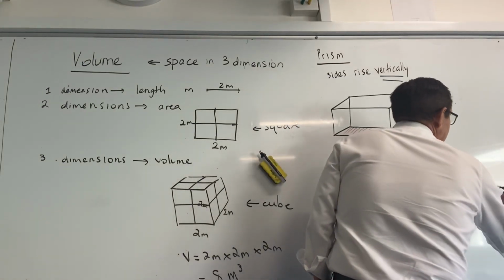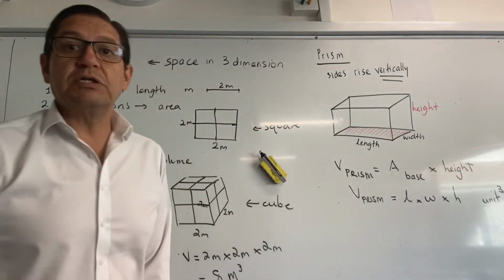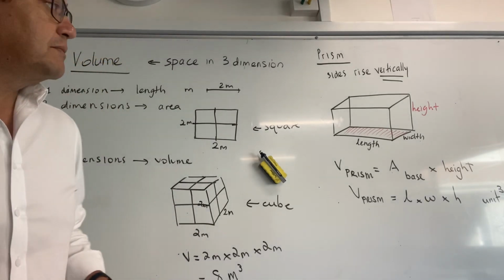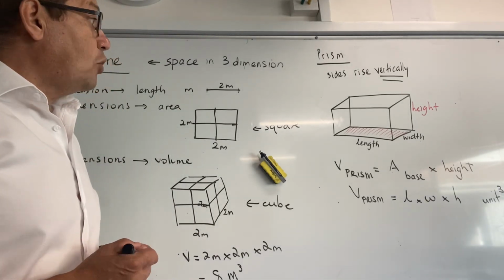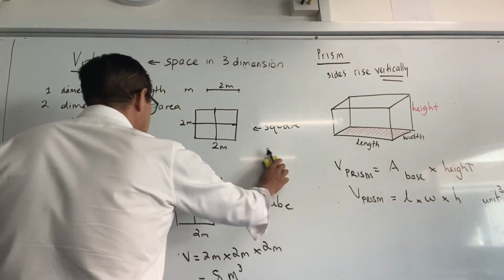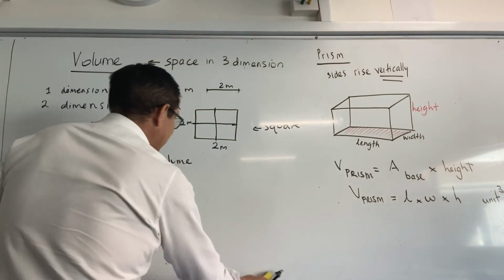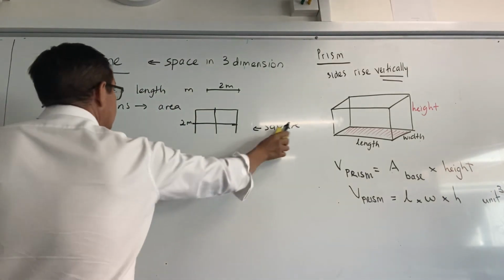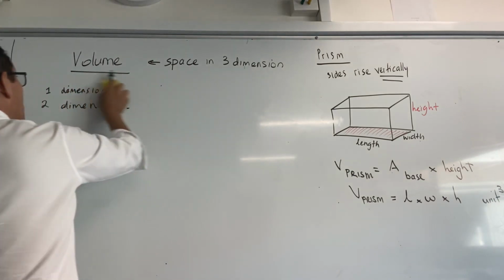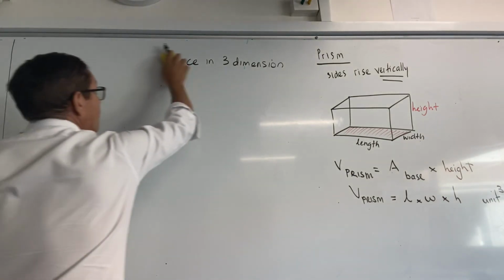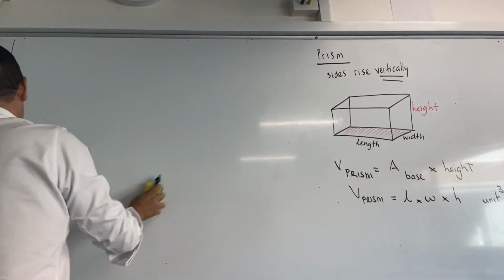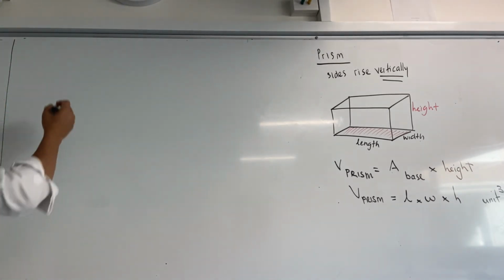Units cubed. Okay? Always, always, always, always. Units cubed. Length is centimeters. Area is centimeters squared. Volume is centimeters cubed.